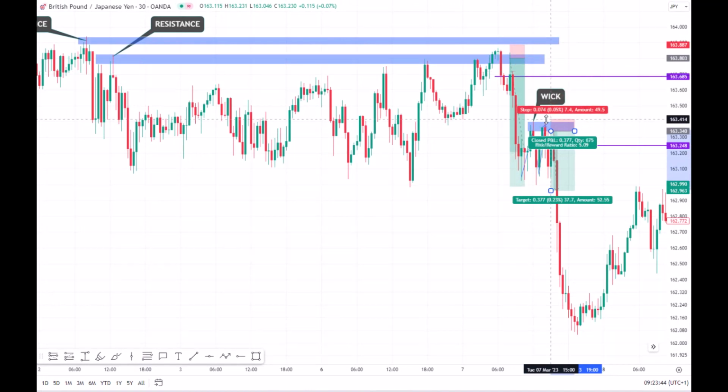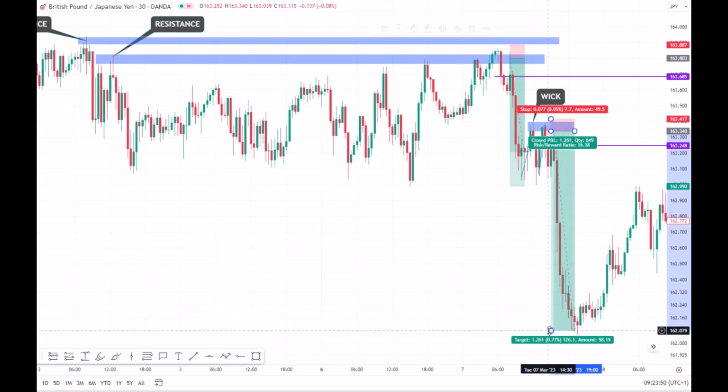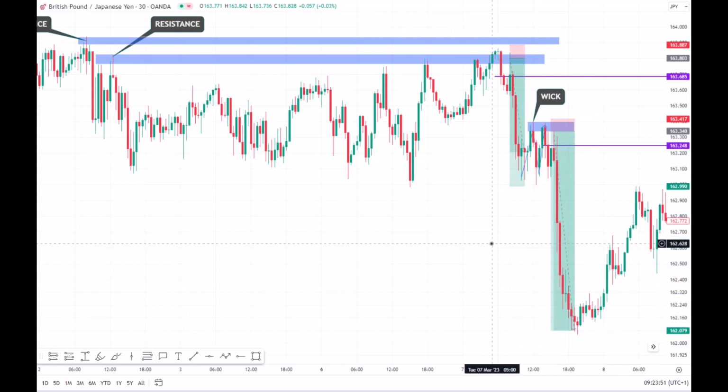You see this like 7 pip stop loss, and see how the market then displays all the way to the downside, giving you 126 pips to the downside. So for any reason you find yourself in a ranging market, this is how I recommend you trade. But overall, my general experience of ranging market, whenever market is ranging, I don't normally tend to trade. I just chill and relax.